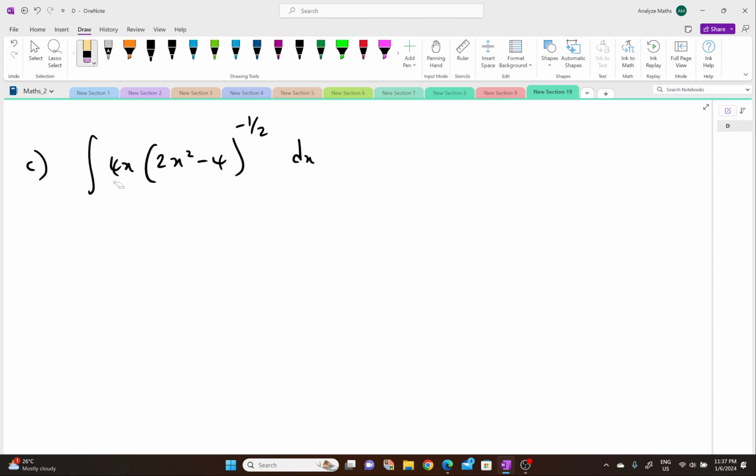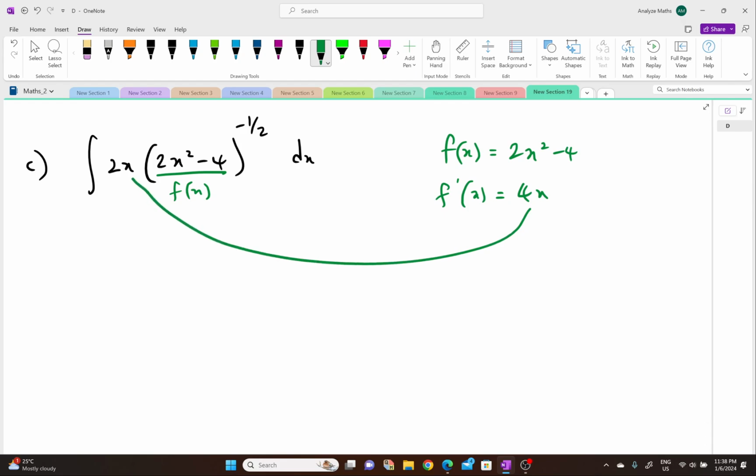Now instead of 4 here, let me put 2 here. Now what is my fx here? This is my fx. What is my f prime? 4x. Is the 4x here? No. The 4x is not here.